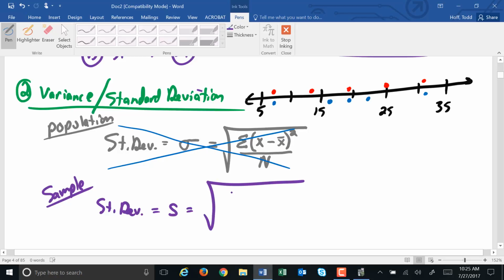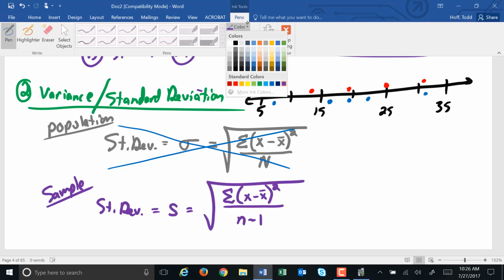And it is found by taking the square root of each number minus the mean, then squared and adding those all up, then dividing by, now here's the difference. Remember, little n is the size of a sample, and we subtract 1 from it.